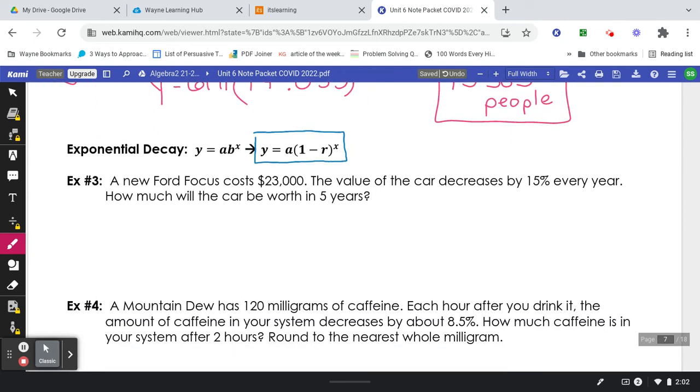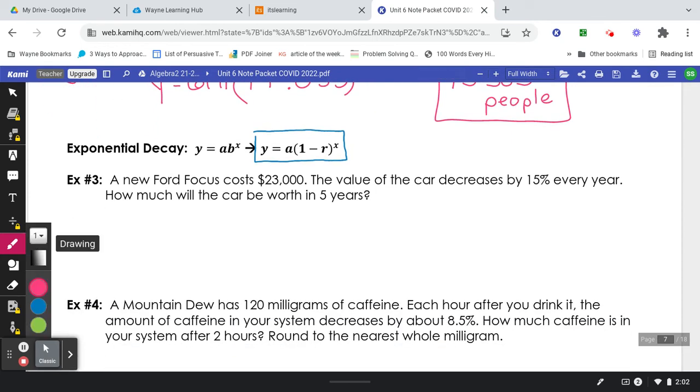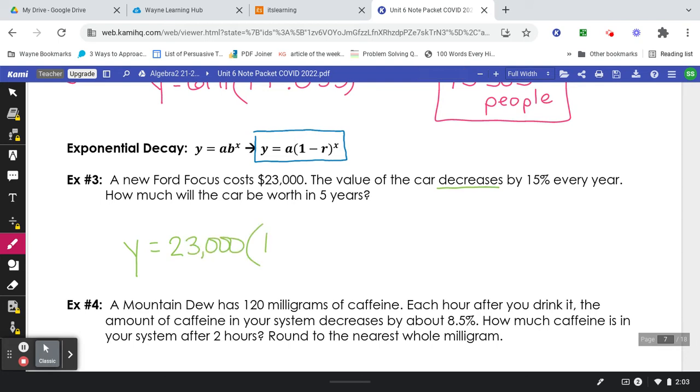All right, now let's move on to decay. A new Ford Focus costs $23,000. The value of the car decreases. That's what tells you you're going to be using the subtraction sign. It decreases by 15% every year. How much will the car be worth in 5 years? So we'll put our starting amount in right here. 1 minus for the decreases. 15%. 15 normally looks like this with a decimal at the end. Then you can move it over once, twice. So you end up with 0.15. And the number of years would be 5 years.